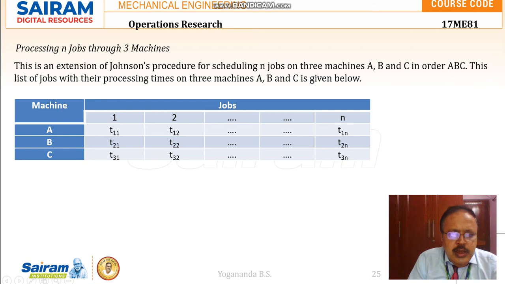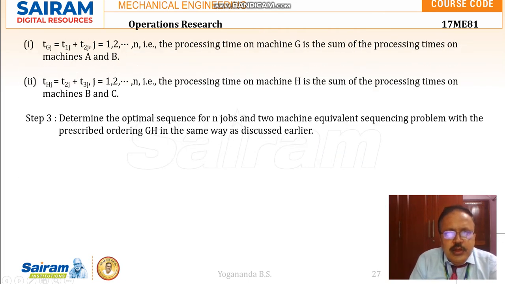The processing times of the first two rows, A and B, will be added to get the imaginary machine G, and the processing times of the second and third rows, B and C, will be added to get the imaginary machine H.